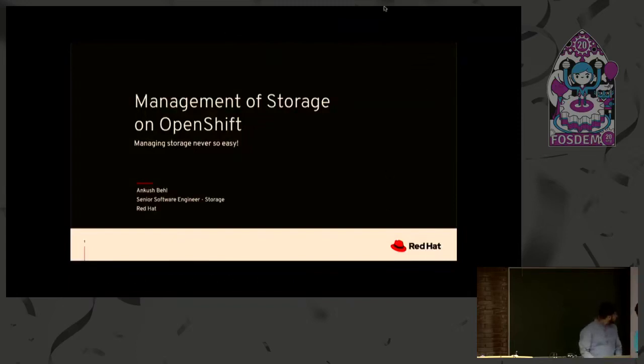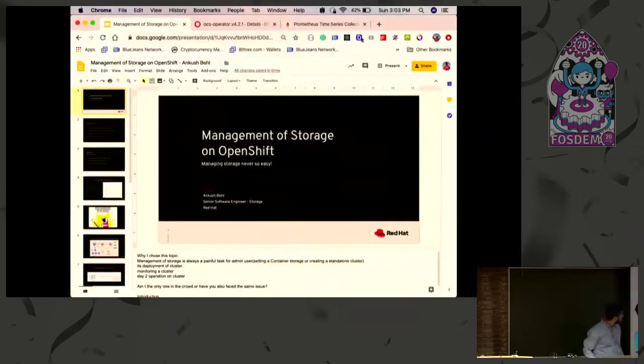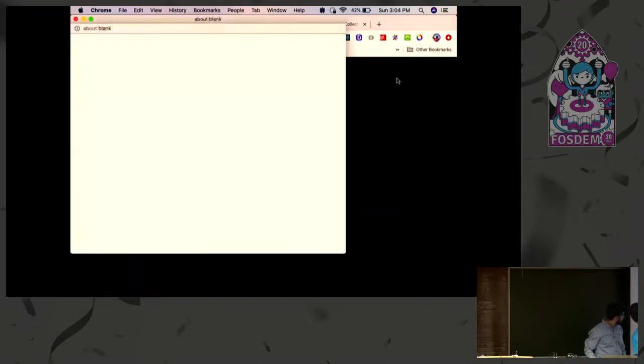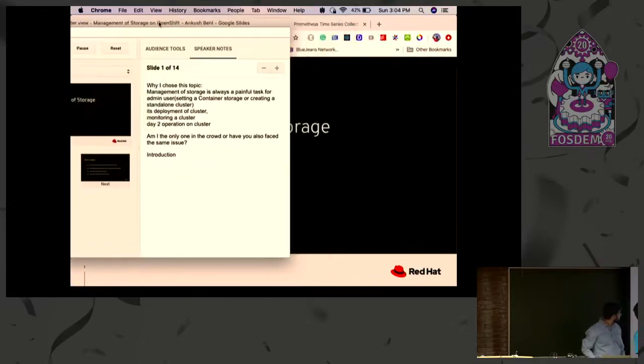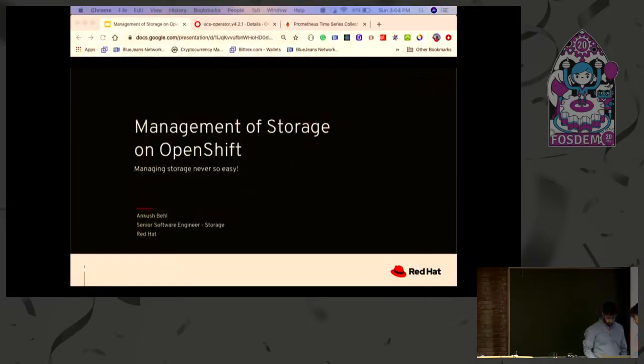I think there might be an option for the little arrow next to it. So you can put this screen on yours. Yeah, so then you have both.